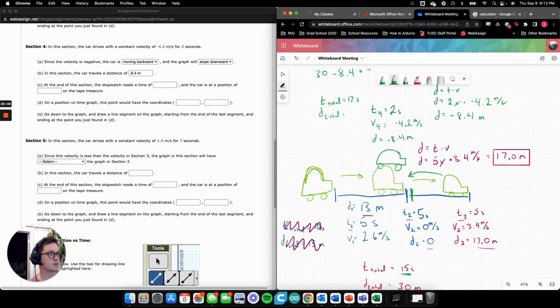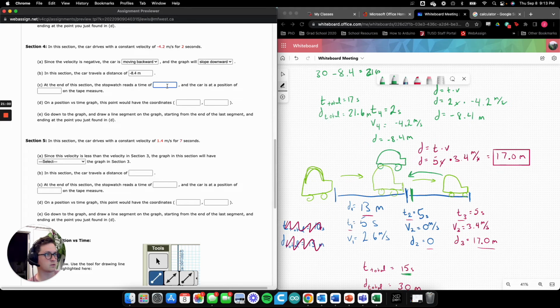So this would be 31.6. Nope, 21.6. Okay. Be super embarrassing if I mess that up. Okay, so stopwatch says 17 seconds. This says 21.6 meters.